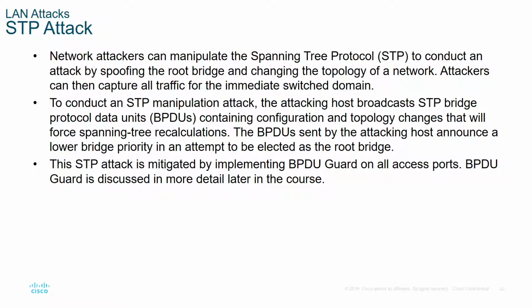The BPDUs sent by the attacking host announce a lower bridge priority in an attempt to be elected as the root bridge. This spanning tree protocol attack is mitigated by implementing BPDU guard on all access ports. BPDU guard is discussed in more detail later in the module.